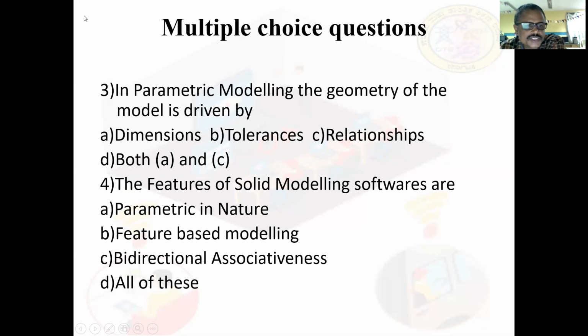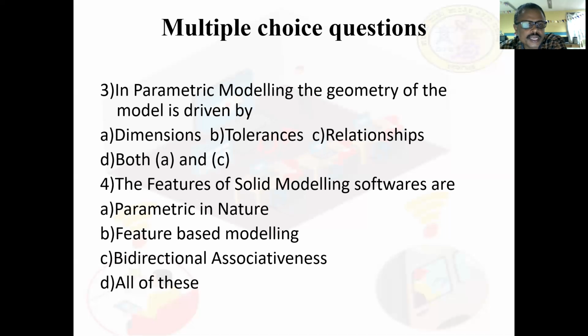That is, if you change your design in the solid modeling of a part stage, then that change will be reflected in the drawing mode also. That means you can change the design at any stage, and that result will be reflected in the other department also. So to summarize, what are these three? Parametric in nature, feature-based modeling, bidirectional associativeness, all these things.